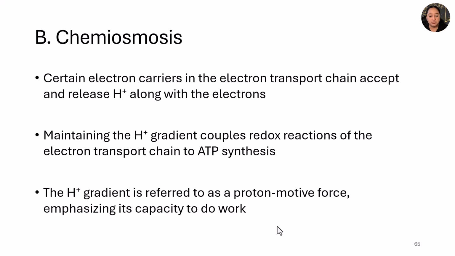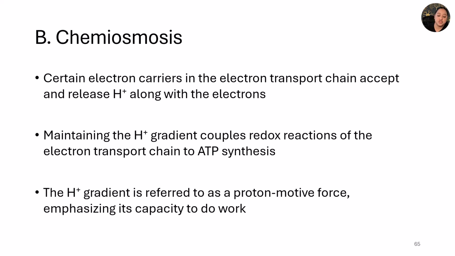So the combination of the electron transport chain and chemiosmosis makes the energy. Certain electron carriers in that electron transport chain accept and release protons along with the electrons, and maintaining that proton gradient is what couples the redox reactions of the electron transport chain to ATP synthesis.